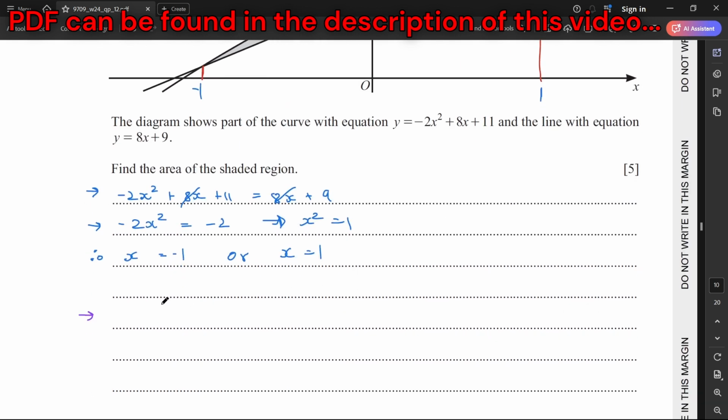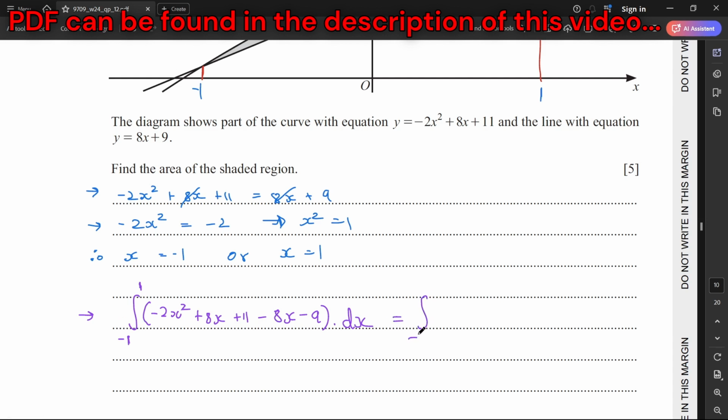And for that, I'll do the integration from -1 to 1 of (-2x² + 8x + 11 - 8x - 9) dx.